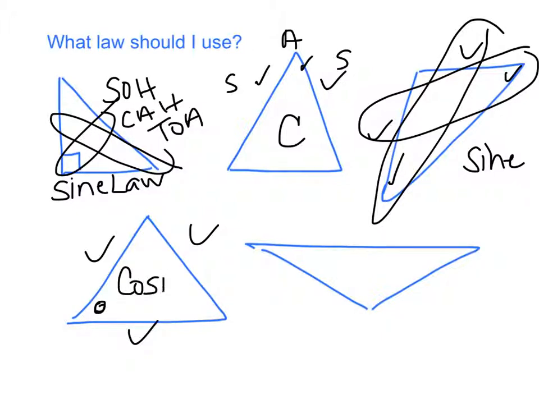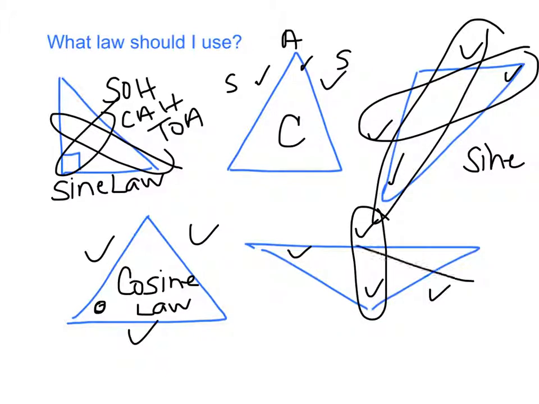Cosine. Best use of cosine law is to find a missing angle given three sides. And last but not least, if you have a different arrangement, even if it's obtuse, you can still use sine law. So there you have it. Make sure you can know what law to use, and you have three choices: SOHCAHTOA, sine law, cosine law.